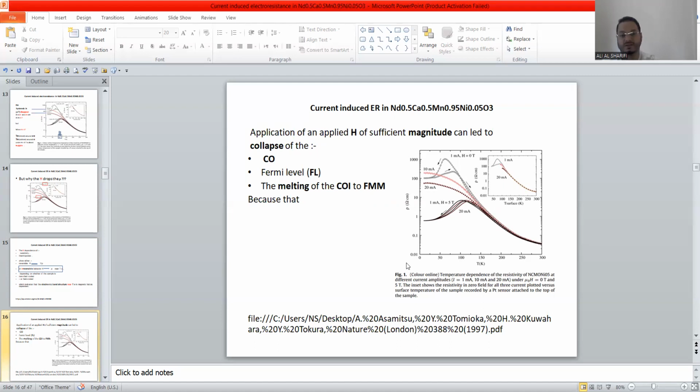Ferromagnetic, because we noted some decrease in resistivity when the magnetic field is increased, because application of an applied magnetic field of sufficient magnitude can lead to collapse in charge order, insulating charge order to FMM. These three points are important too.